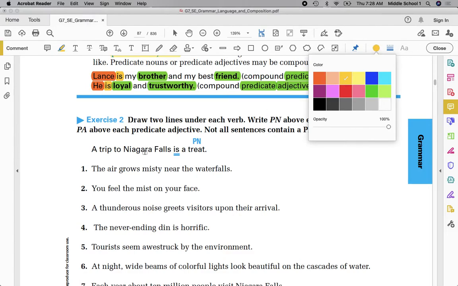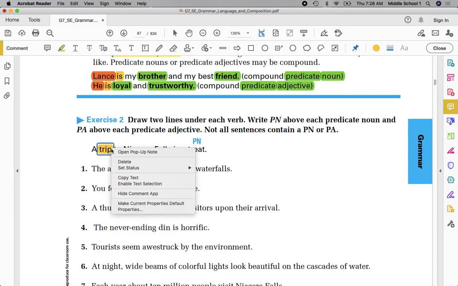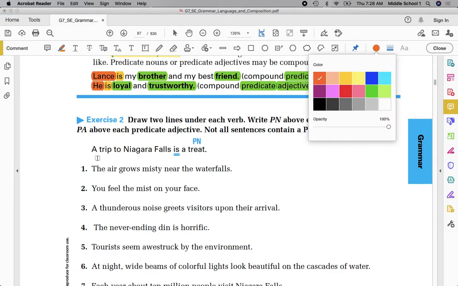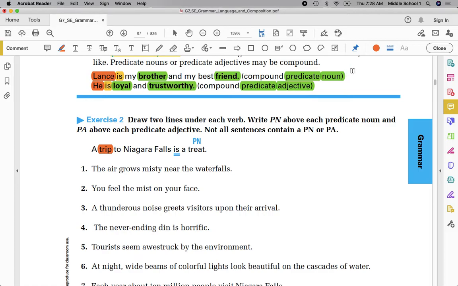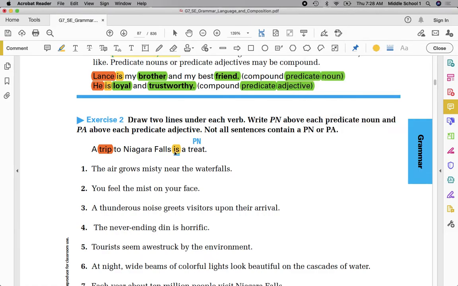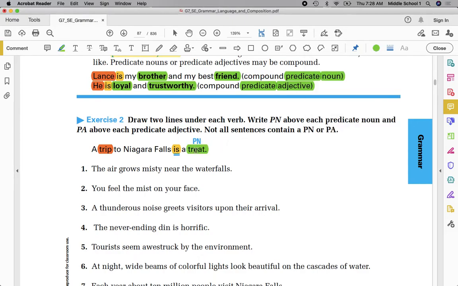A trip to Niagara Falls is a treat. Trip is the subject. You can see the verb that's listed here. I better use the same colors. Trip is treat.